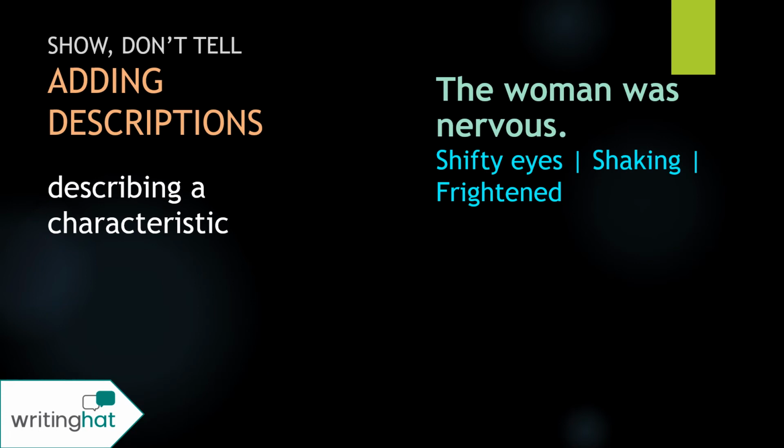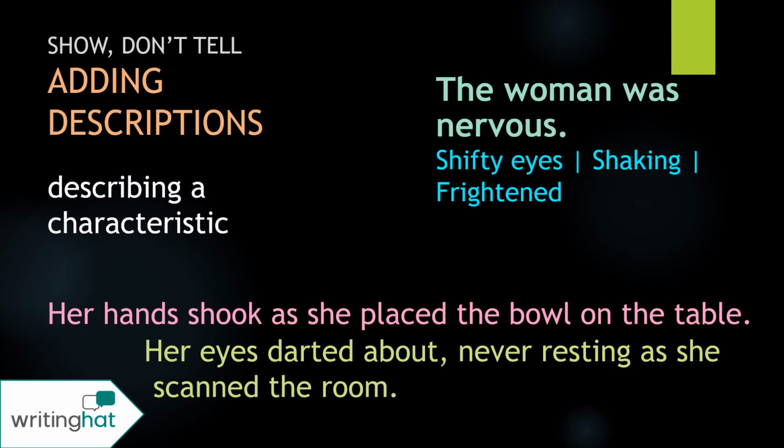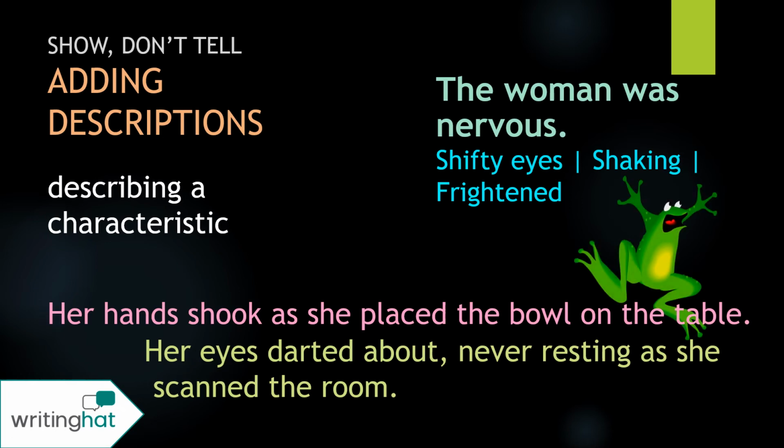Let's look at how we can take these words and write descriptive sentences. Her hands shook as she placed the bowl on the table. Her eyes darted about, never resting as she scanned the room. Shaky hands and darting eyes immediately show your reader that the character is nervous.